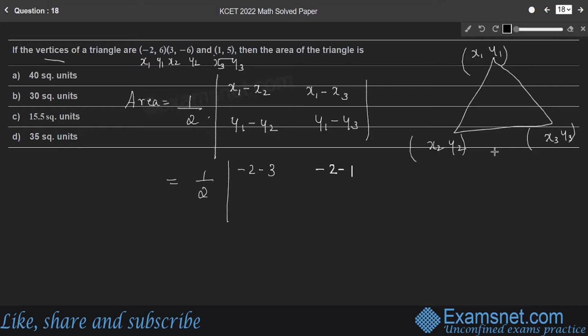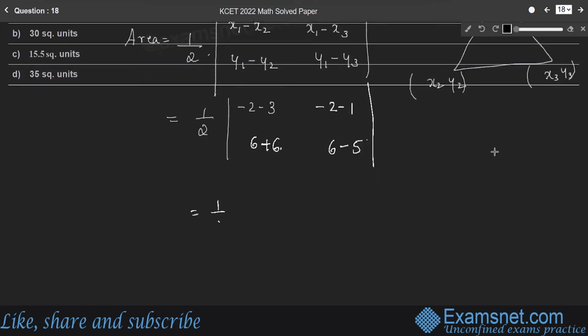So here y1 minus y2. y1 is 6 minus y2, which means minus of minus 6, which is plus 6. And y1, again 6, minus 5, that is y1 minus y3. Therefore, half of the determinant minus 5, minus 3, 12, 1. Take the product of the first element and the last element.